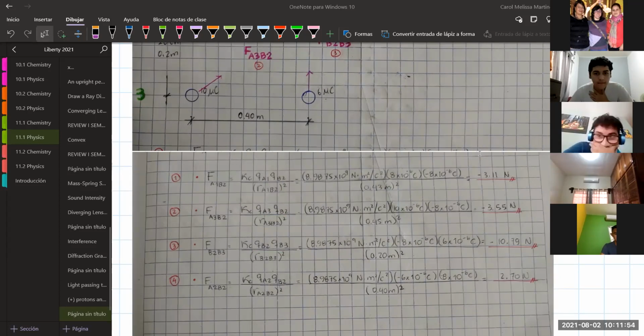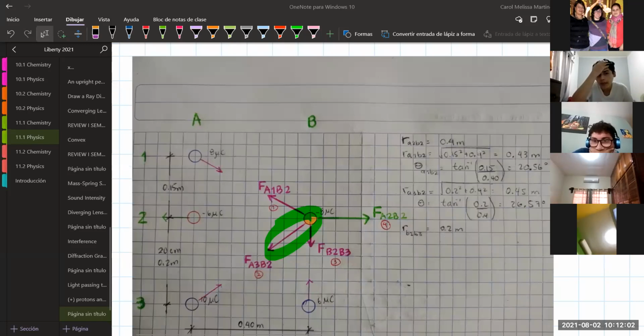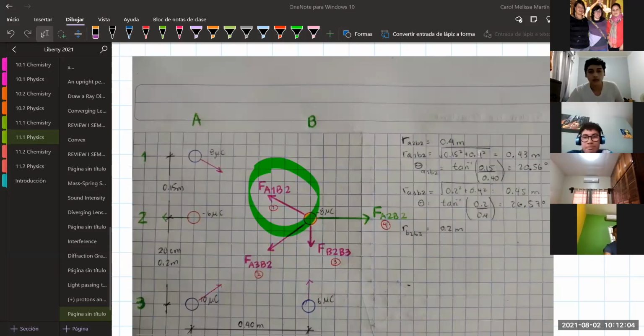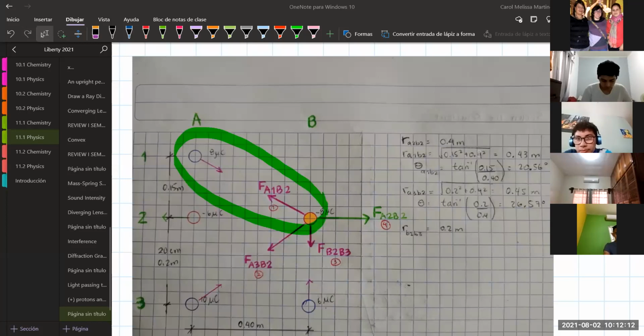For example, those forces that are diagonal forces or forces that have angle, you need to use the Pythagorean theorem for them. Okay, you need to get the hypotenuse for them. So take a look. Between these two, I have to get the hypotenuse. So this is this procedure right here.